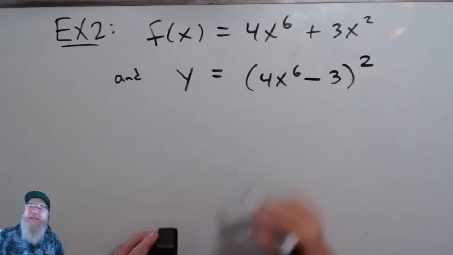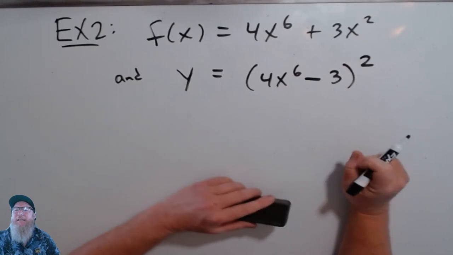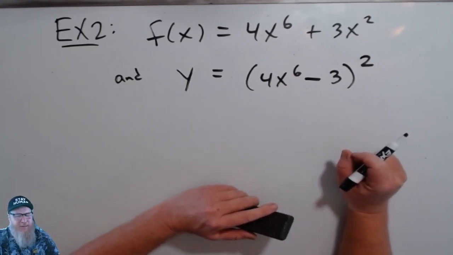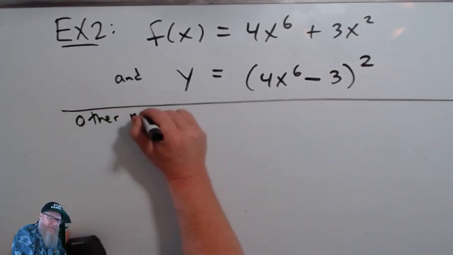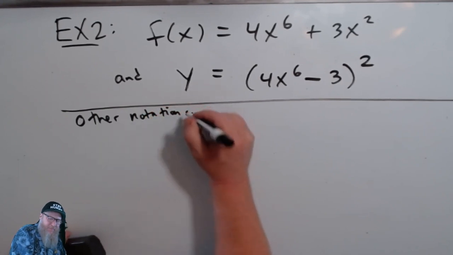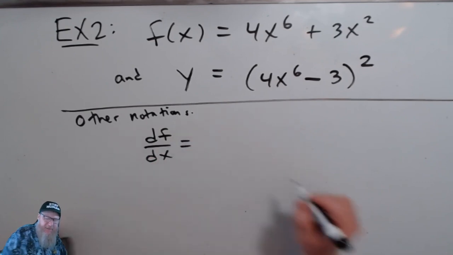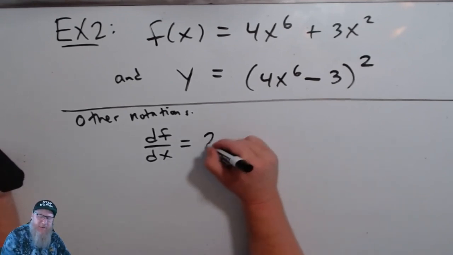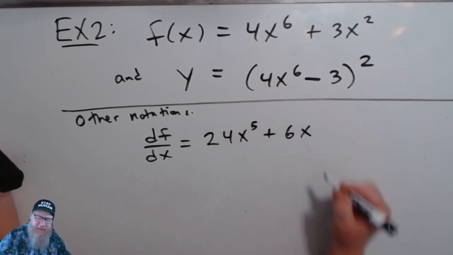Actually, I want to make this one minus, although it really doesn't matter. Just trying to make them look very similar but slightly different. Here are some other notations. You can take df dx. That would be the first derivative. So that would be 24x to the 5th plus 6x.